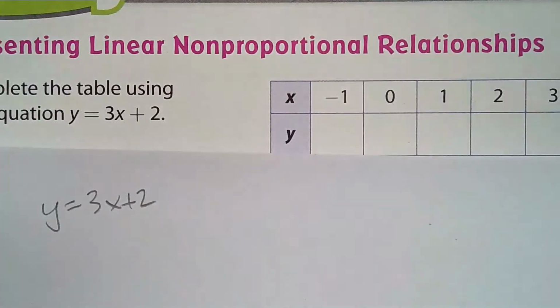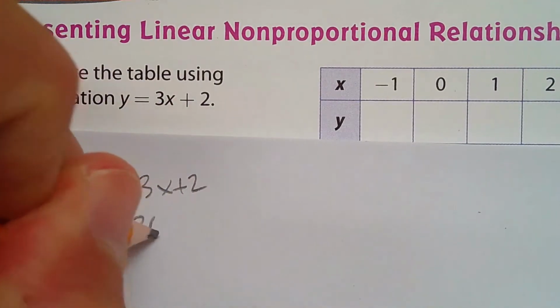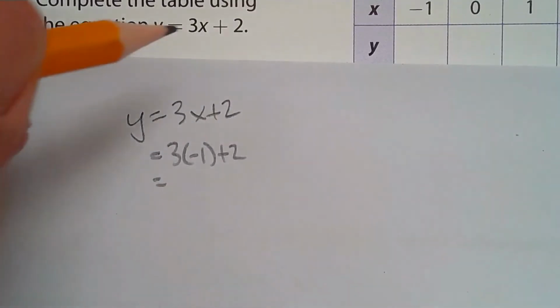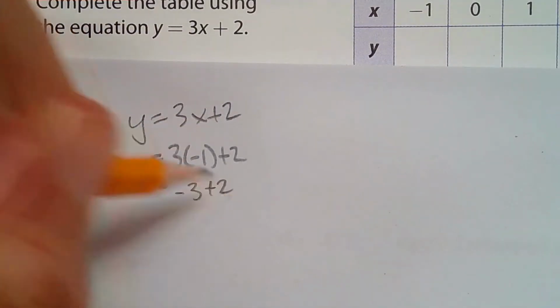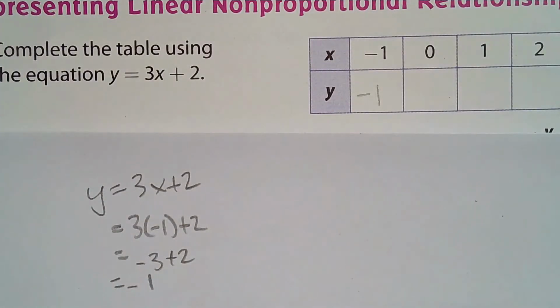Let me zoom in here. So that's 3 times -1 plus 2, which would be -3 plus 2, which is -1. And so this would be -1.